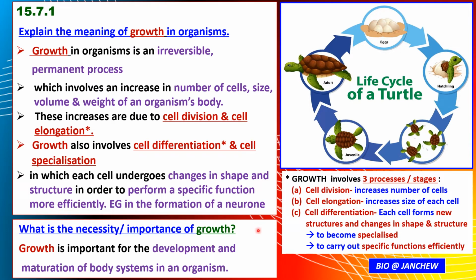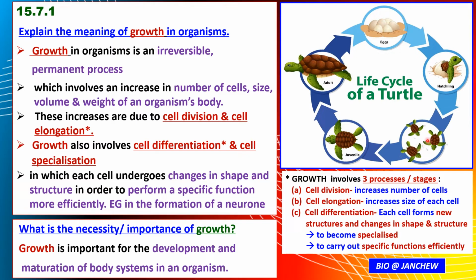Now, what is the necessity or importance of growth? Why is it necessary for an organism like this turtle to grow? Why is it necessary for us to grow? So growth is important for the development and maturation of body systems in an organism. For example, as the turtle grows, its body systems will develop. The reproductive system, the musculoskeletal system will develop.